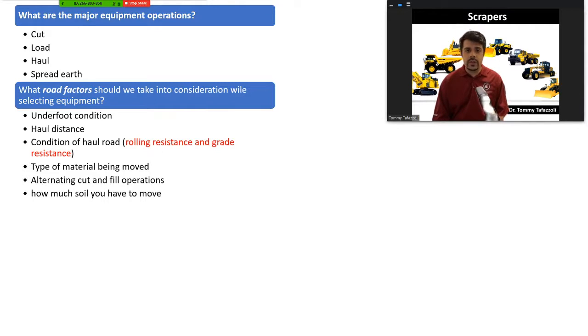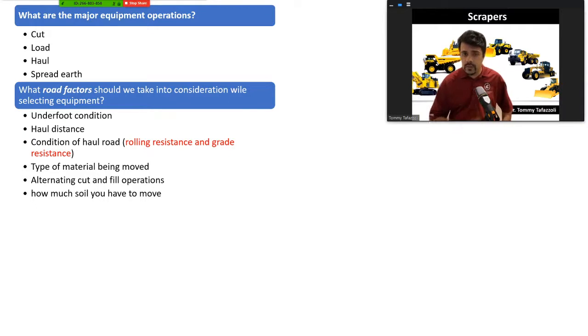So, type of material being moved. For example, if you want to move rocks, or the kind of material that has sharp edges, then you probably cannot use a wheel machine. You should have a crawler machine.